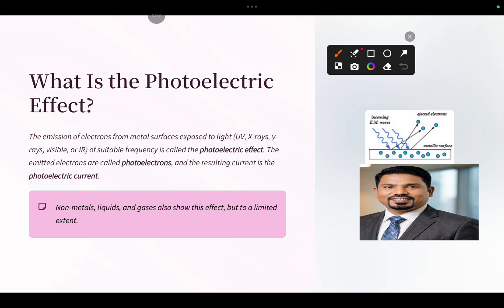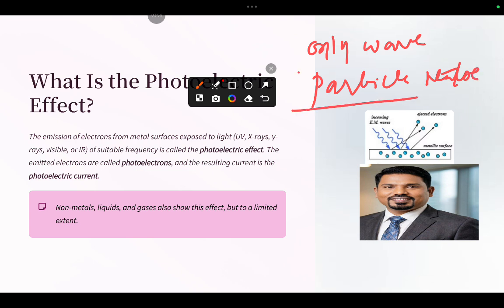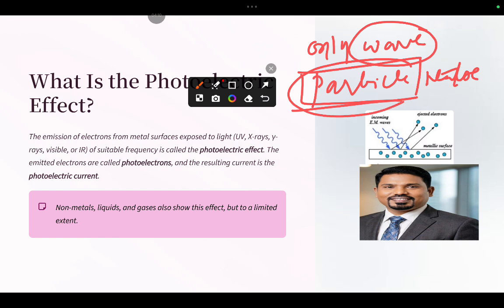What is important about this effect? It shows that light can behave not only with wave character, it also behaves with particle nature. It gave experimental proof for the particle nature of light. Earlier we believed that light is a wave, but the photoelectric effect confirms that light has a particle nature.